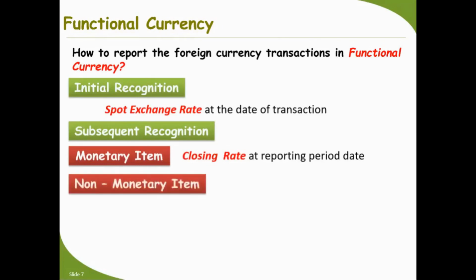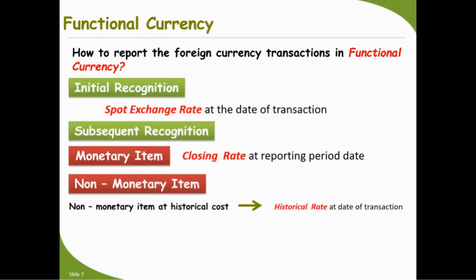Then non-monetary items. Here it will depend upon two factors. If the non-monetary item is recognized at historical cost in your financial statements, then you will use the historical rate at the date of transaction. Let's assume you bought furniture 5 years ago from a supplier in the United Kingdom.